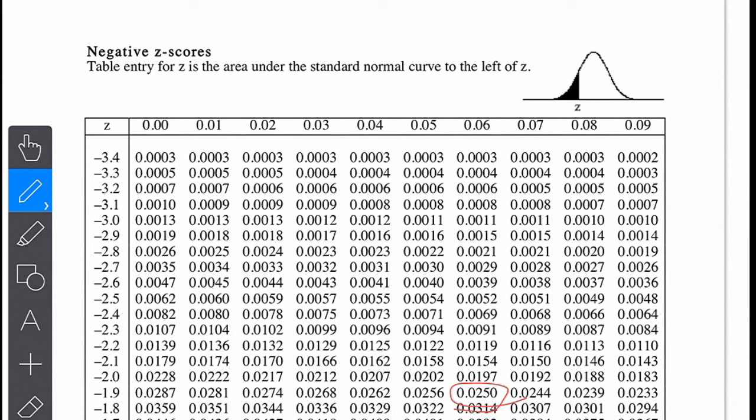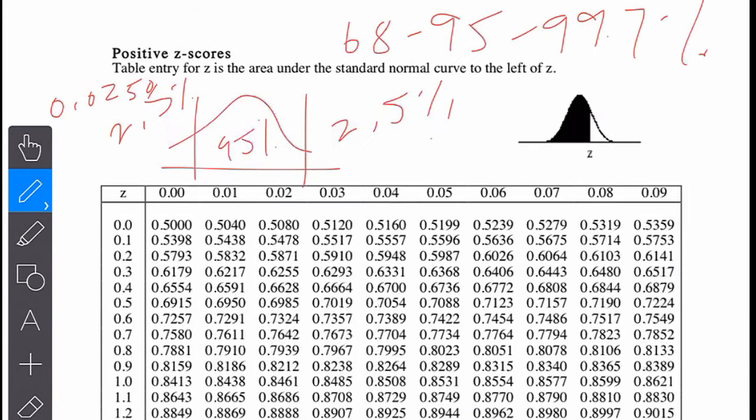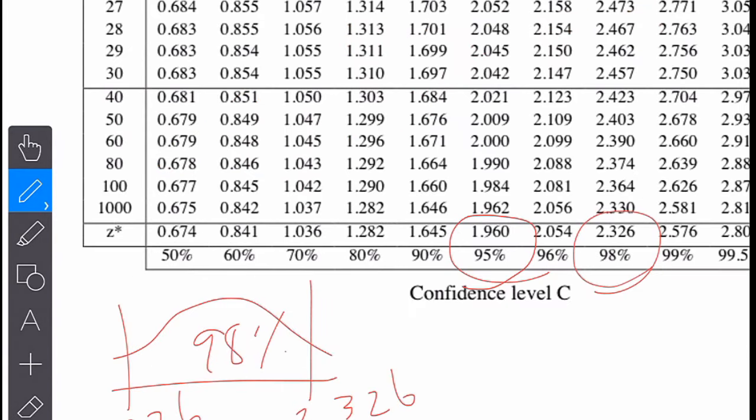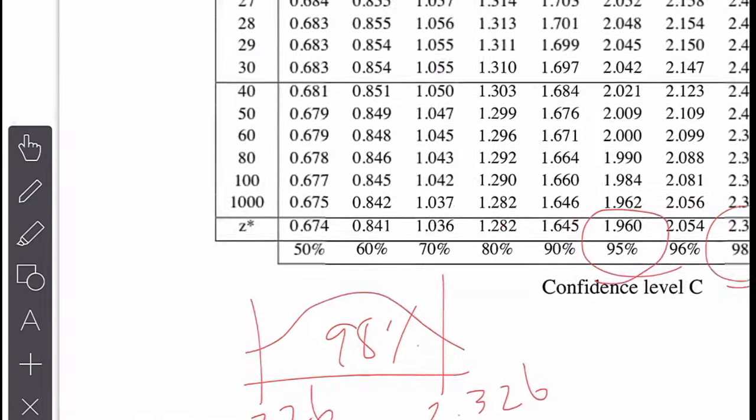It's obviously easier on the T table that I taught you. However, on the T table, you don't have all the values. You don't have as many values as you do on the Z table, do you? You just have this.